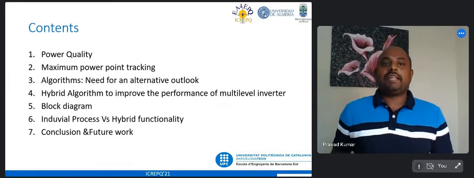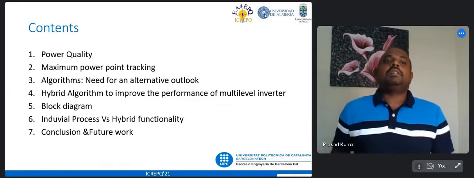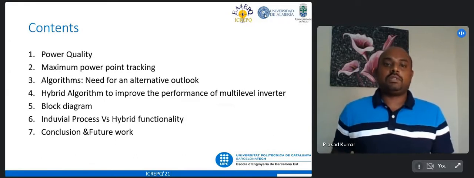It has maximum power point tracking and algorithms which I hybridized, algorithms to improve the performance of multi-level inverters, block diagram and individual process versus hybrid functionality, and conclusion and future work.